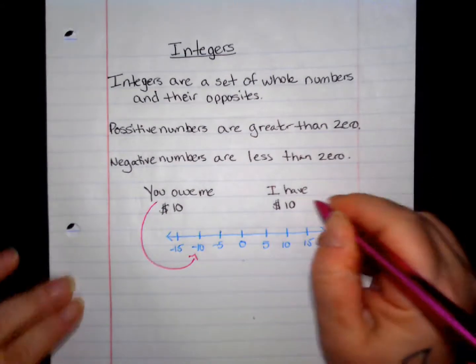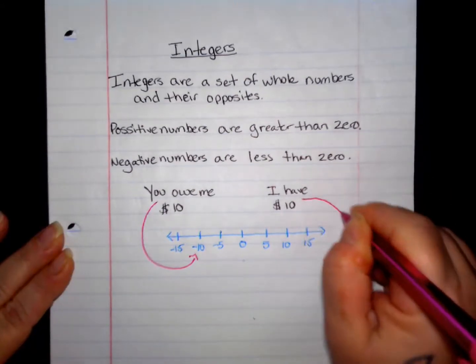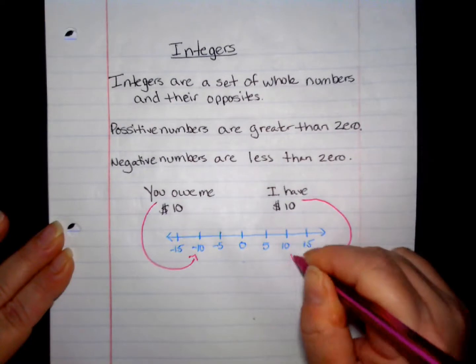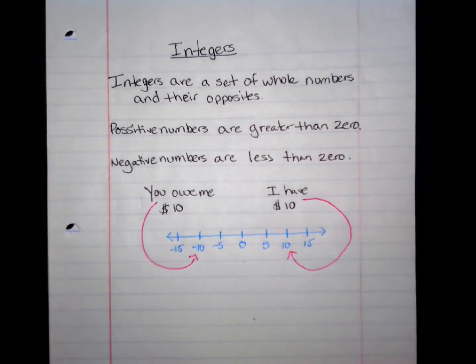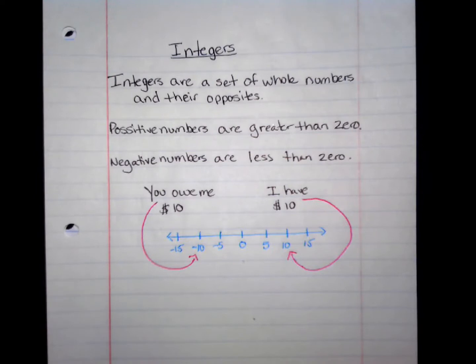If I have $10, that means I have a positive $10. And notice I don't necessarily have a plus sign in front of the 10, but if there's no sign, it's positive. If there is a sign, it's a negative sign, okay?